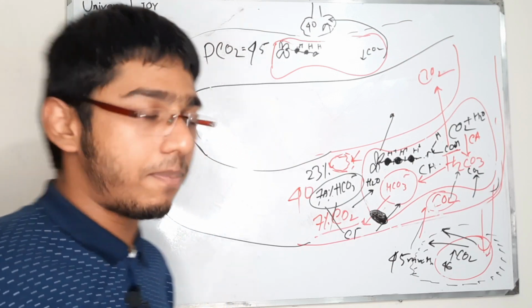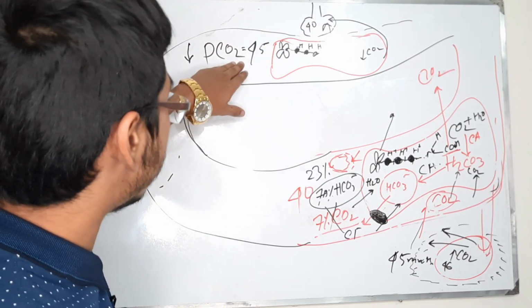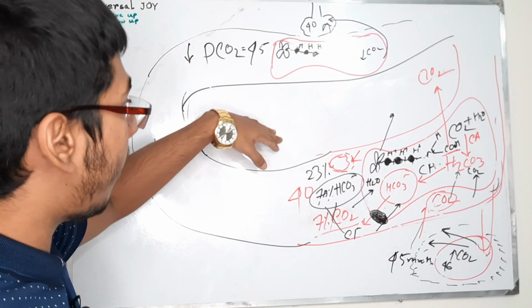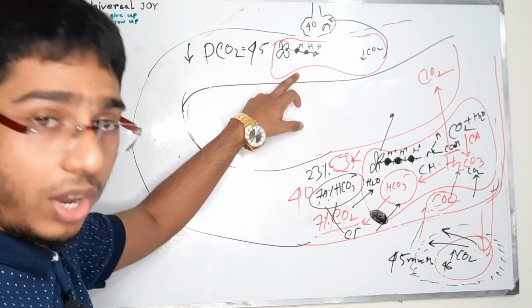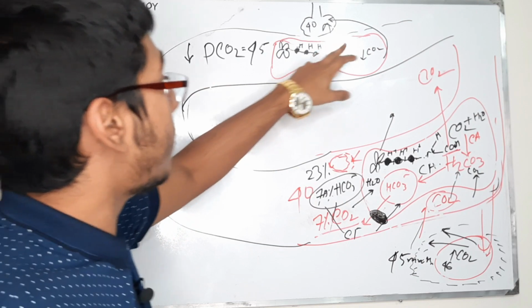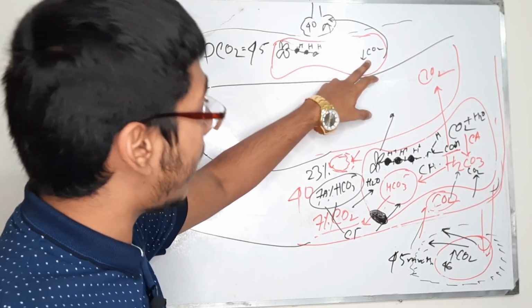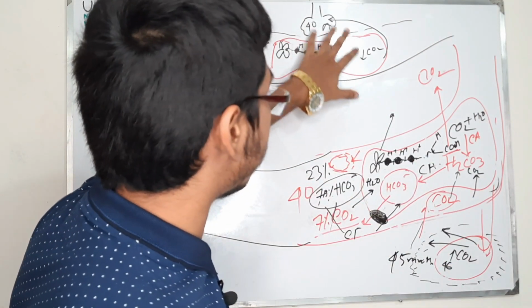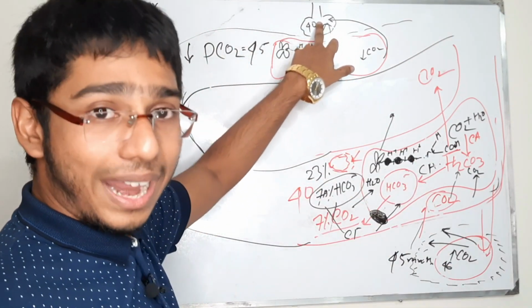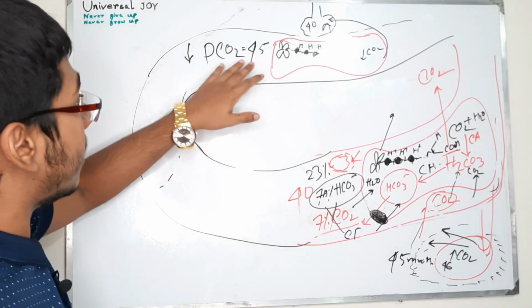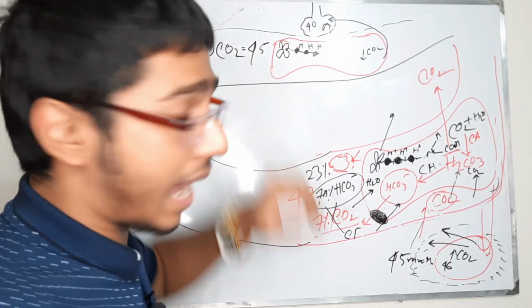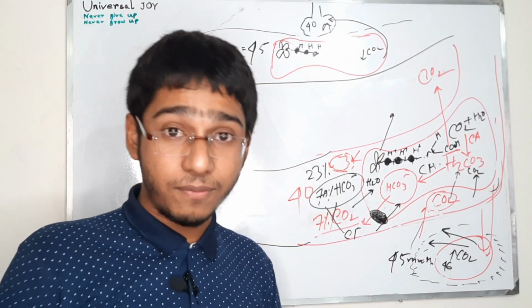Now if the partial pressure of carbon dioxide drops from 45 millimeter of mercury to a lower level in the pulmonary circulation, then definitely the diffusion from here to here will stop, because to maintain the diffusion of carbon dioxide from blood into the lung alveoli, we have to have a higher partial pressure existing in the blood vessel.